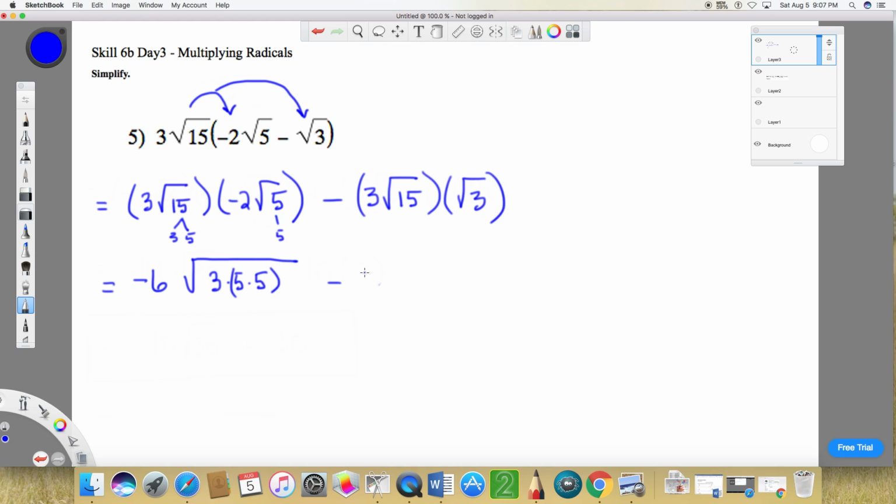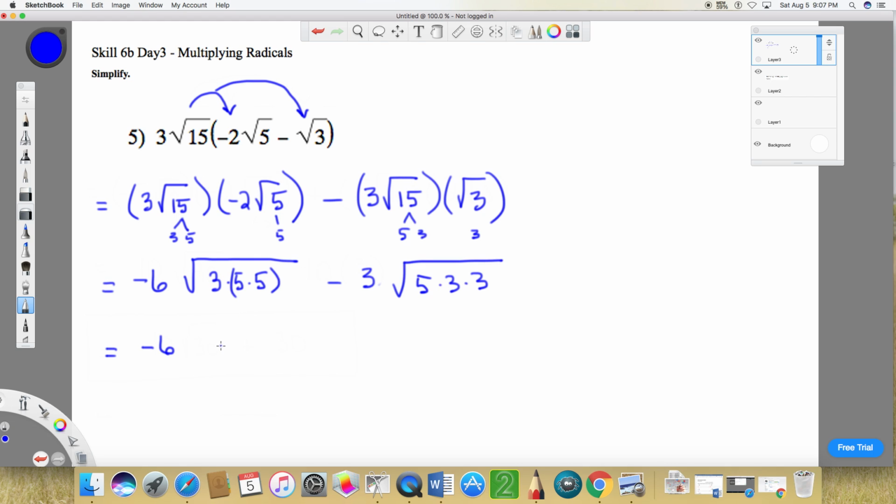And here we've got minus 3, and the same idea that 15 is 5 times 3, and you have this 3. So underneath this radical, you have 5 times 3 times another 3. So this pair, we break this apart, and we say, well, what is the square root of 3?